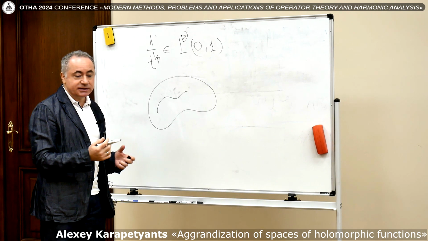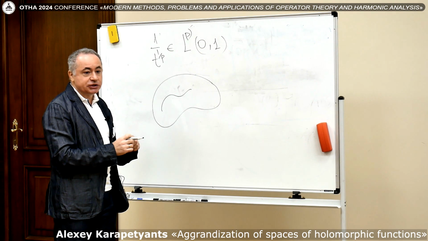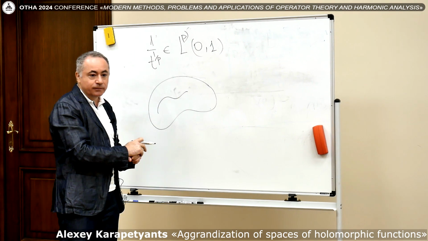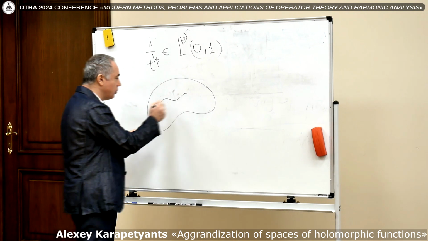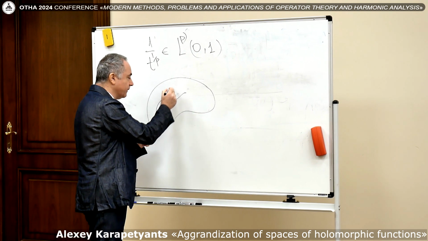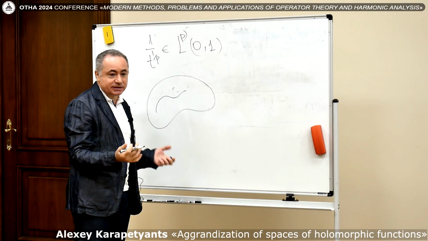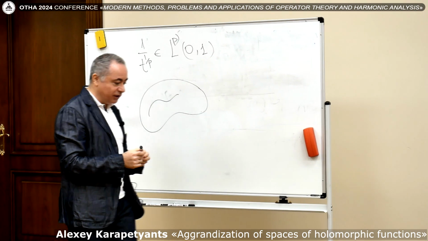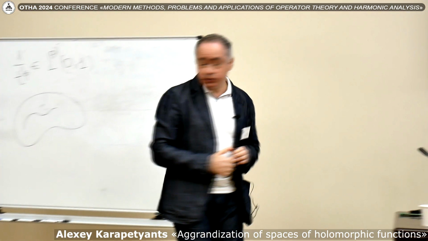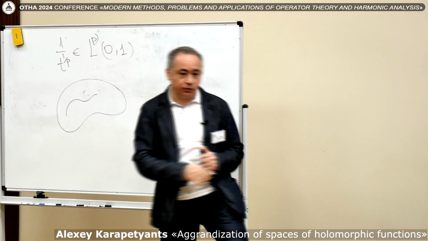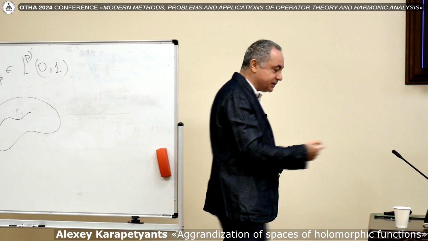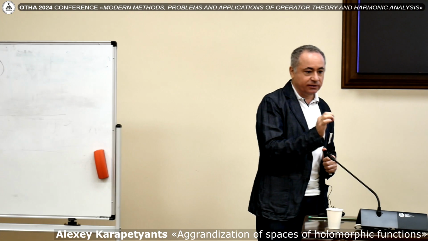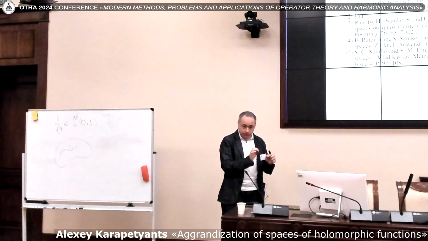That means they don't look at grandization at every point, only at grandization at points of a certain curve, for instance, of a certain set. So they call this method local grandization, because you take a subset of your domain and you grandize with respect to this particular set, not with respect to all points of your domain.